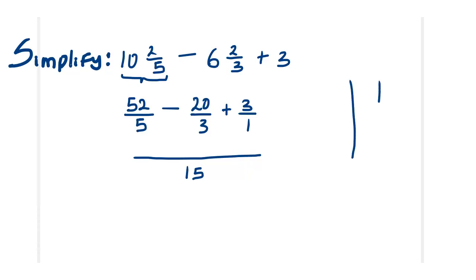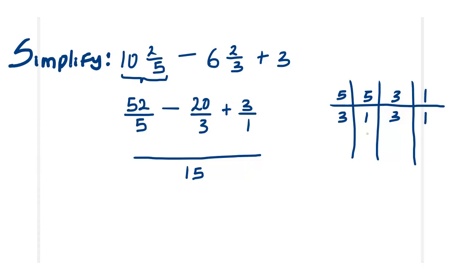Okay, let's quickly draw a small table here to find the lowest common multiple of 5, 3, and 1. So 5 in 5, that is 1. 5 in 3 is not possible, you return the 3. Then 5 in 1 is not possible, you return 1. The next thing is 3. 3 in 1 is not possible, you return 1. 3 in 3, that is 1.